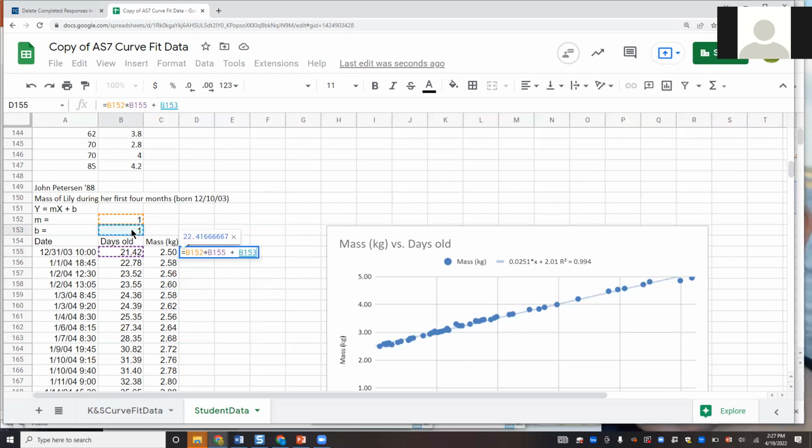So all I'm doing is making this the equation, the prediction. So it's the value I have for M times time plus B.